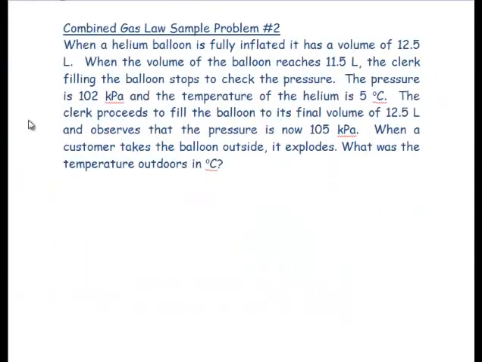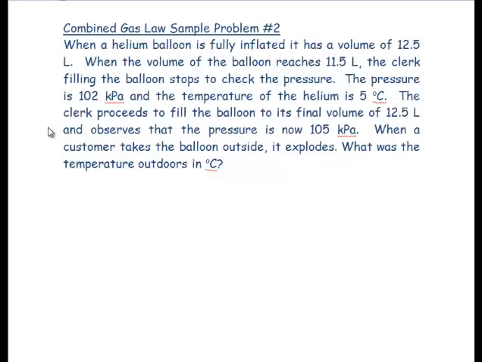Combined gas law sample problem number 2. When a helium balloon is fully inflated, it has a volume of 12.5 liters. When the volume of the balloon reaches 11.5 liters, the clerk filling the balloon stops to check the pressure. The pressure is 102 kilopascals and the temperature of the helium is 5 degrees Celsius.